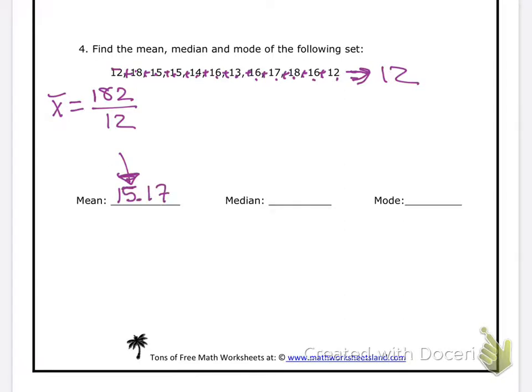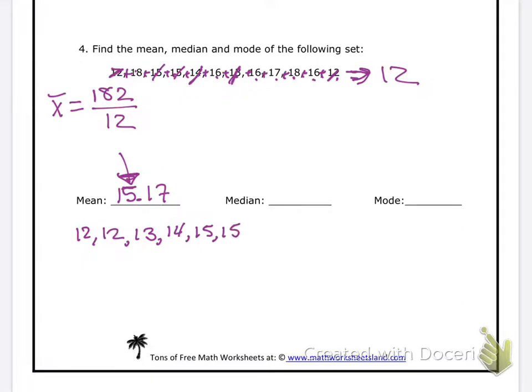And then the median you would get by lining them all up. So just be careful when you relist them. Looks like I have a 12 here and a 12 here. So 12, 12. Next would be 13, just one of them. And then a 14, just one of them. And then 15, 1, 2.